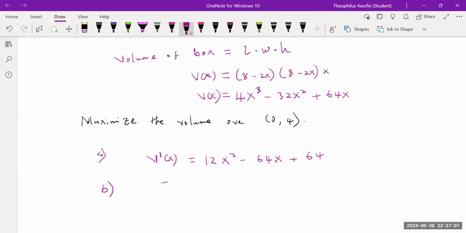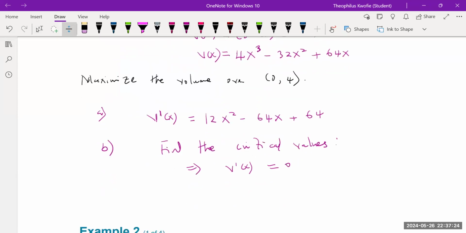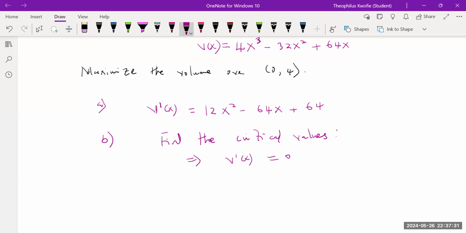So find the critical values. So this implies that my V prime of x should be equal to 0. On that note, we should have 12x squared minus 64x plus 64 equal to 0.